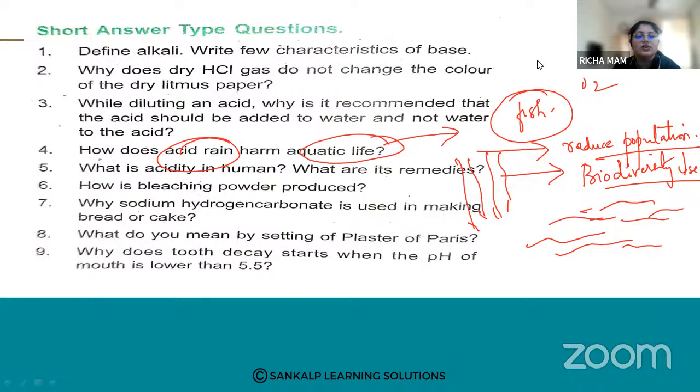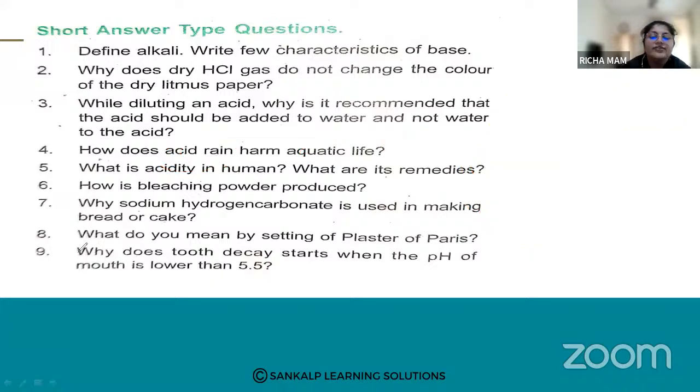Next question. What is acidity in humans? What are its remedies? We say sometimes that there is acidity in our body, right?